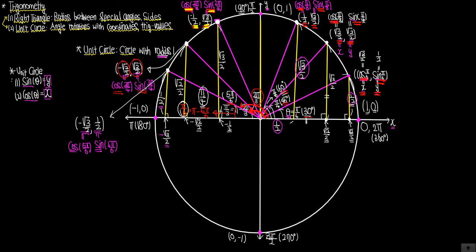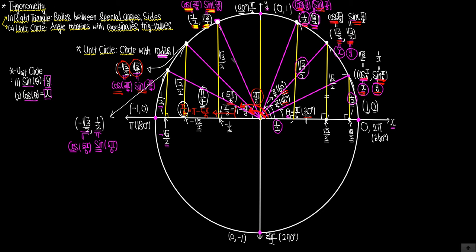If you review what we did here, because the unit circle has a radius of 1, every x value and y value turns into just a cosine and a sine value. So if you want the cosine of our main angle, all you have to read is the x coordinate. If you want the sine of that angle, all you have to read is the y coordinate.